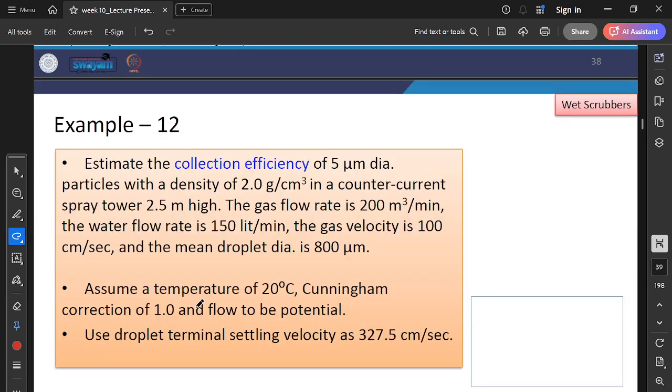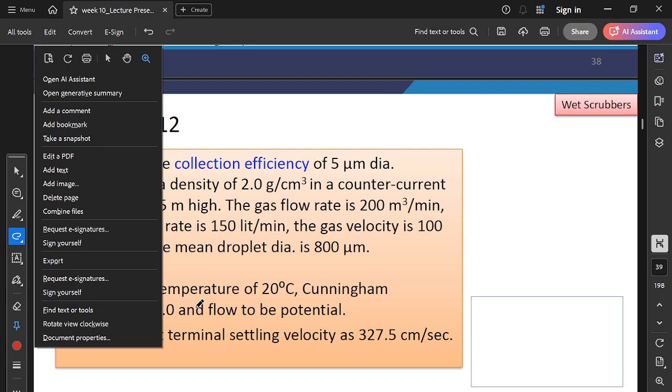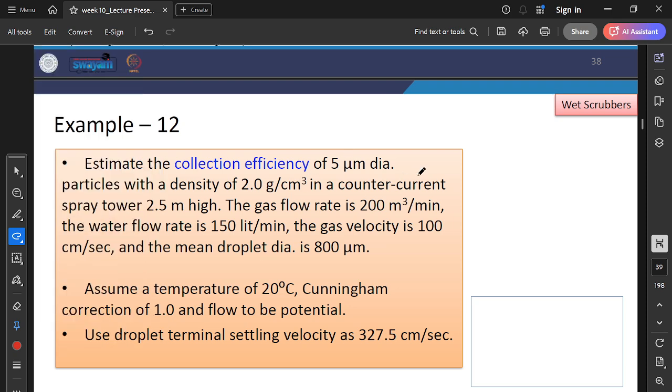Okay. Now we will move on to the wet scrubber problems. Estimate the collection efficiency of a wet scrubber. As we all know, there is a tap. There will be some sprayers like our shower. Water will be sprayed. Water will usually fall down with gravity. Air will go up, and if you pass the air from bottom to top with the dust particles, the water droplets from top to bottom will capture the dust particles.